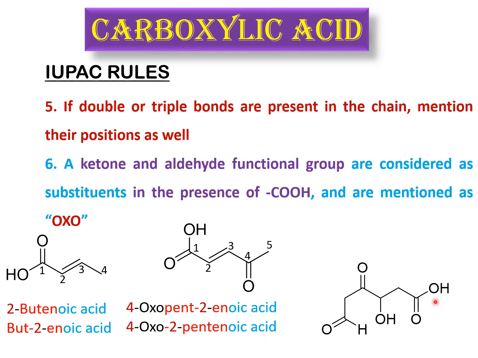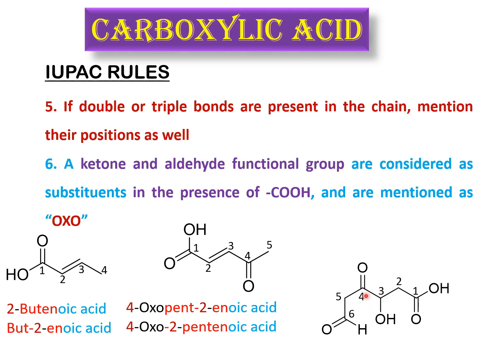Here's an example of a molecule with a carboxylic acid functionality, a ketone functional group, an aldehyde, and a hydroxyl group. Now this alcohol, ketone, and aldehydes, all of them have lower priority as compared to carboxylic acid. So the parent name here again belongs to the carboxylic acid functional group. So you have to start numbering from the carboxylic acid. Now at 3 we have a hydroxyl functionality or a substituent.